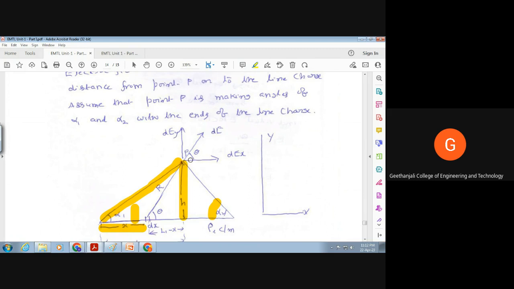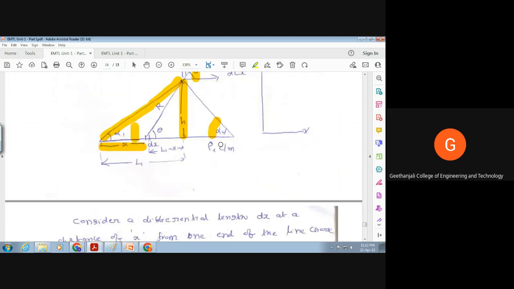So if point P lies on the xy plane, all these lines, including R and even this dE, also lie in the xy plane. It means that this dE has two components, x component and y component. And if I define this angle as theta, what is dEx? dE cos theta.